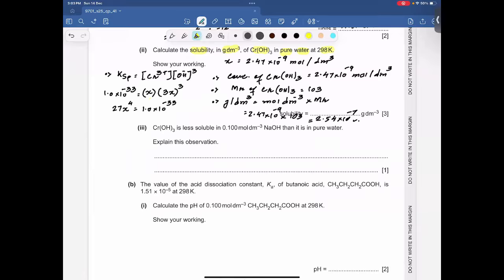Chromium 3 hydroxide is less soluble in 0.1 mole per dm cube NaOH than it is in pure water. Explain this observation. By the way, pure water ionizes very slowly, so I'll get a negligible amount of hydroxide ions, okay?